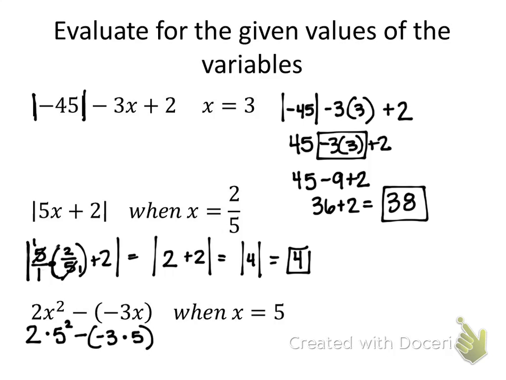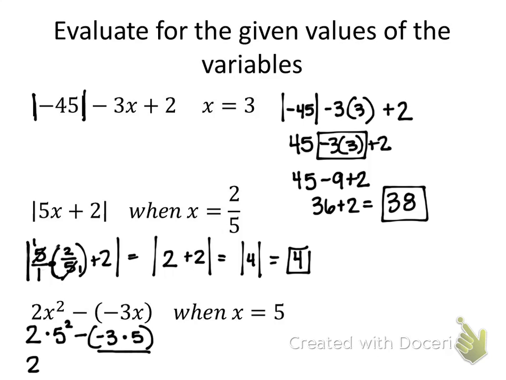What would I do first? Kyle? You would do 2 times 5. No, I don't want to do 2 times 5. Remember, think about order of operations. Parentheses. Do I have any parentheses in this problem? Yep. Is there something that I can do inside those parentheses? Yes, so that's what I need to do first.